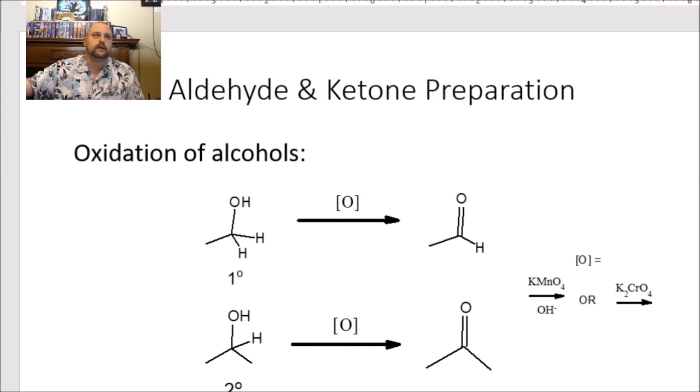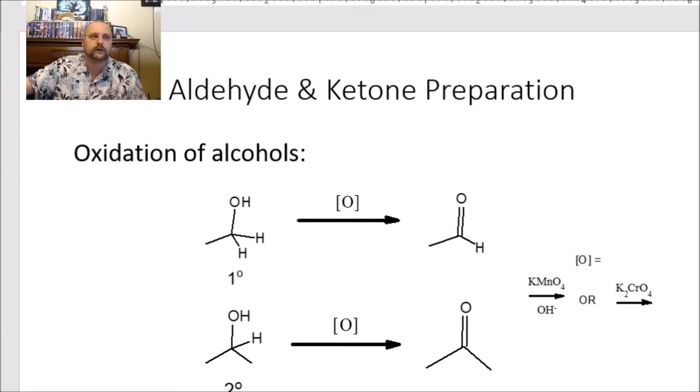So making aldehydes and ketones, the key to this is we're losing this H and this H, so we're oxidizing things. Potassium permanganate or chromic acid, that's that one that likes to eat through everything. And keep in mind, it's the carbon that's attached to the alcohol.